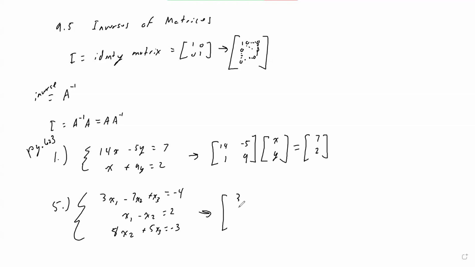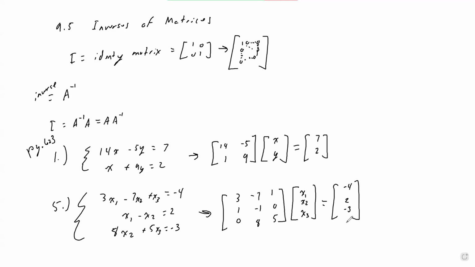So that gives us 3, 1, 0, negative 7, negative 1, 8, 1, 0, 5. Then we close it, and then instead of x, y, z, it'd be x1, x2, x3, and that would give me the result of negative 4, 2, negative 3. So again, another way to represent our matrix.